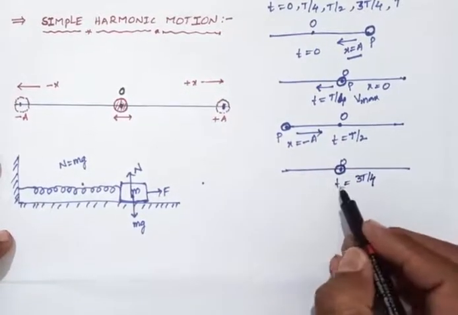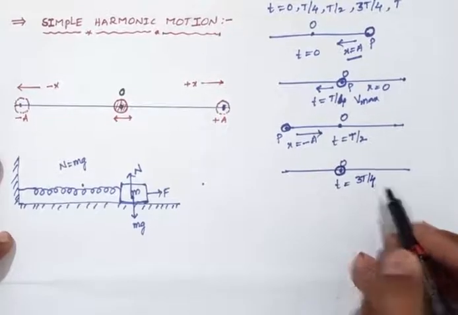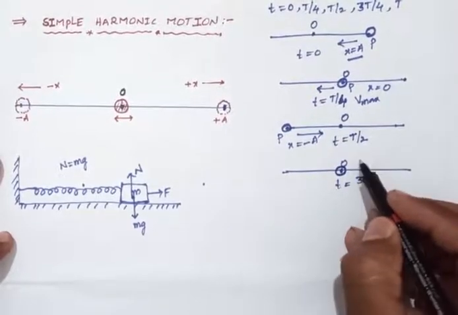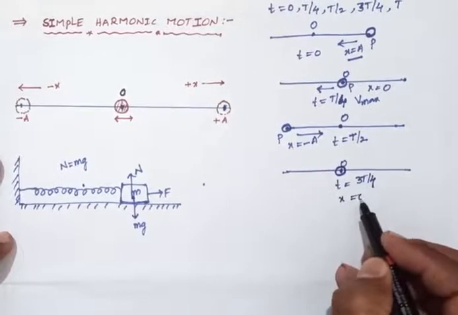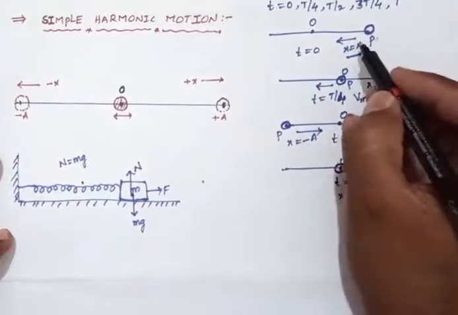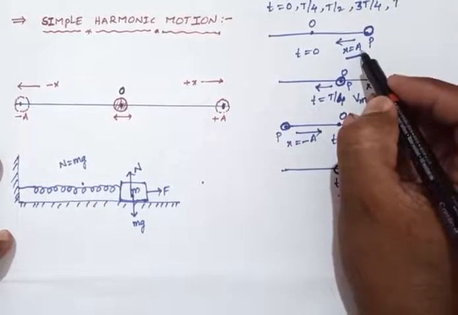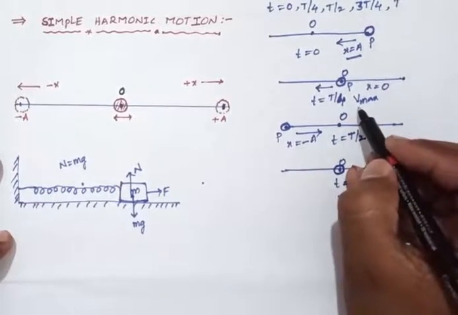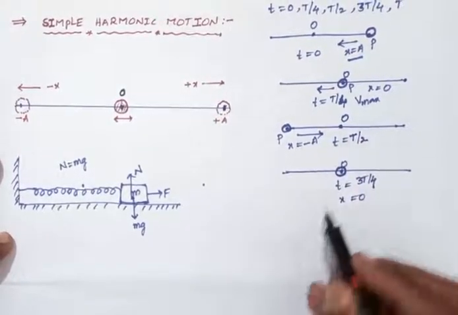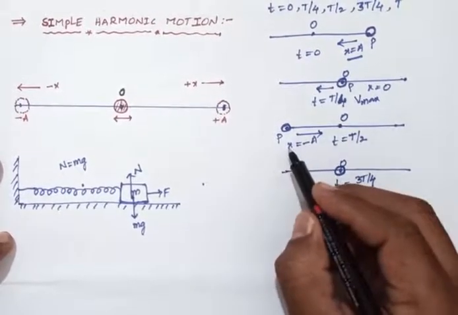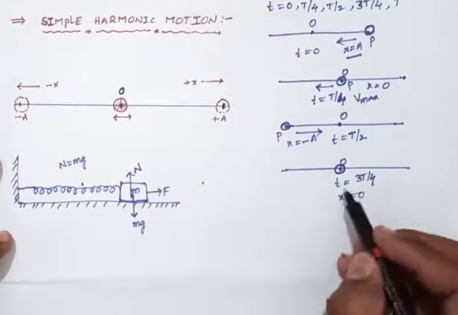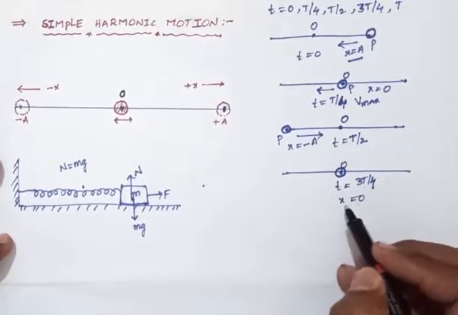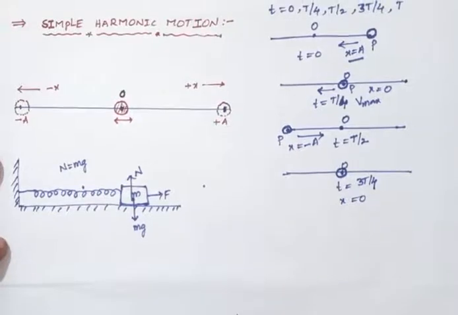What is the displacement here? The displacement x equals 0. Here the displacement is x equals a, here 0, here x equals minus a, and at t equals 3T by 4, x equals 0.